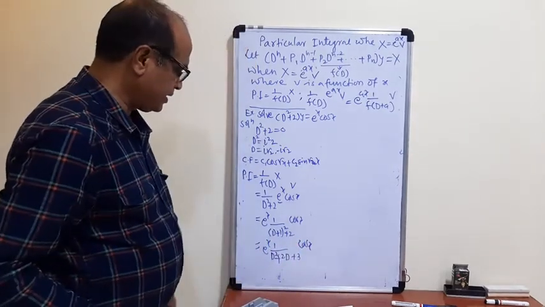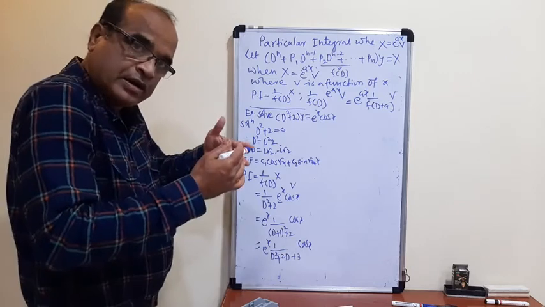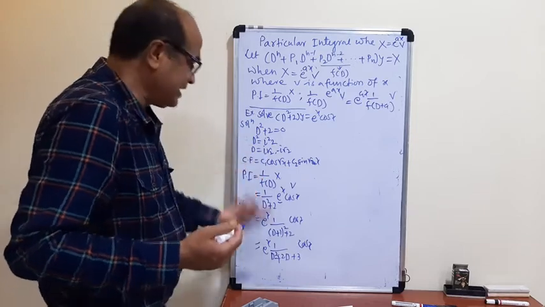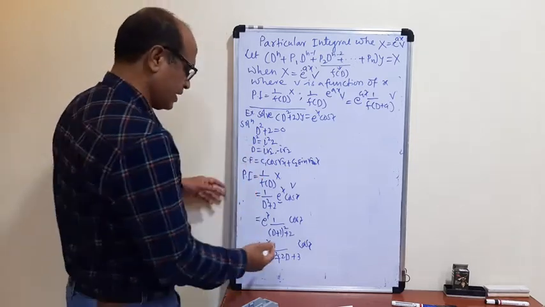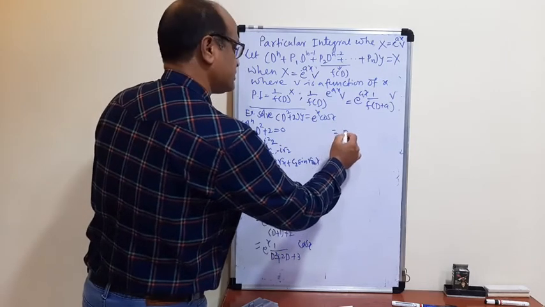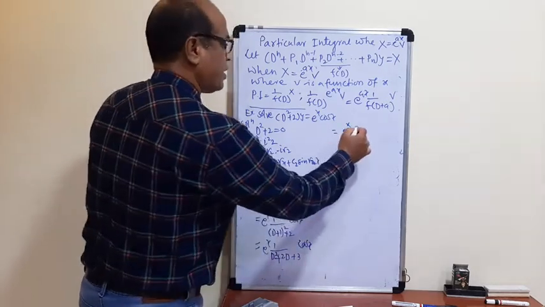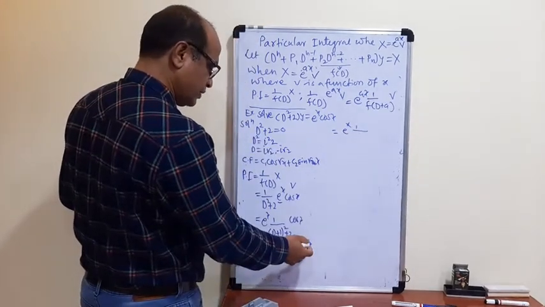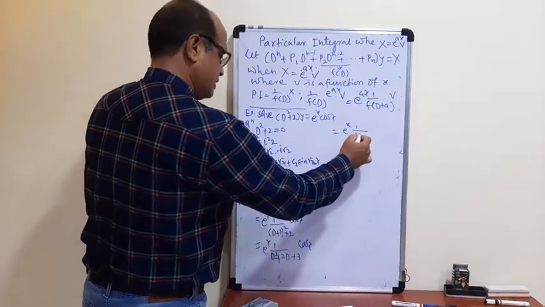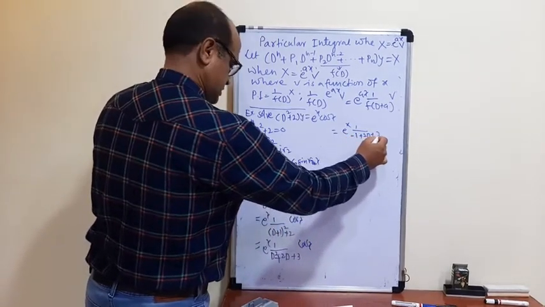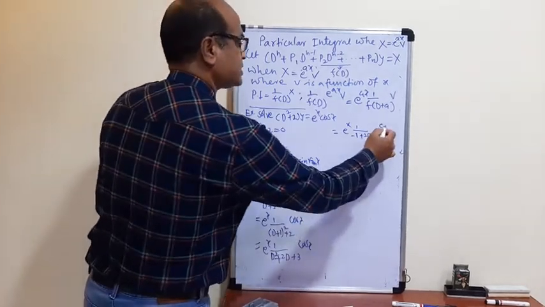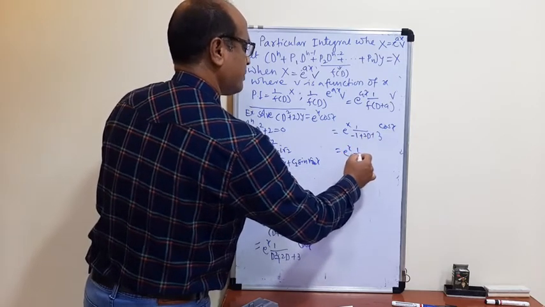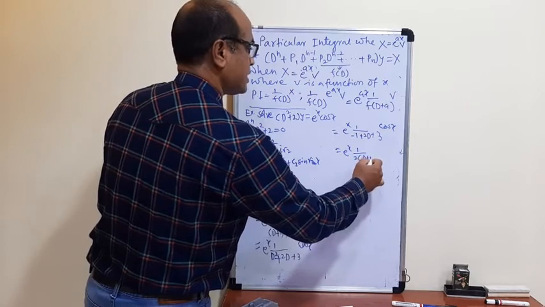Again we use 1/f(D²) cos x = 1/f(-a²) cos x, putting D² = -a². So this equals eˣ 1/(-1 + 2D + 3) cos x, which is eˣ 1/(2(D + 1)) cos x.